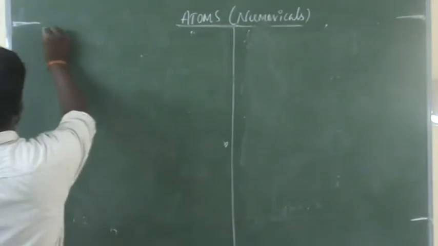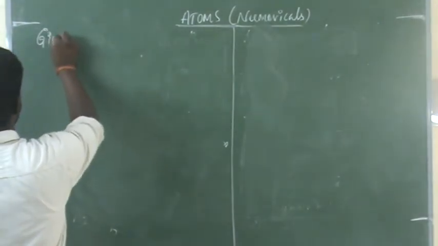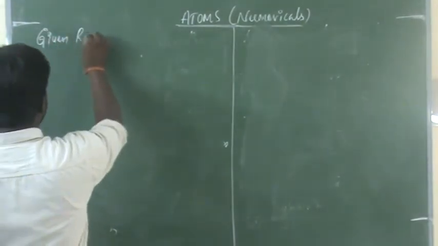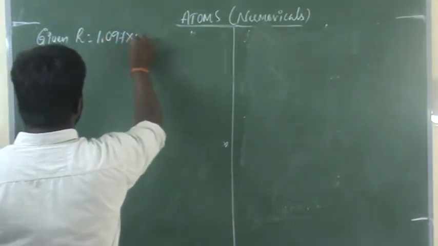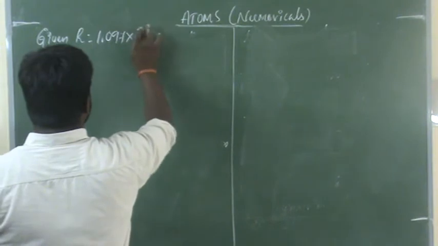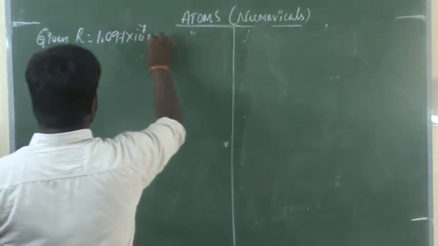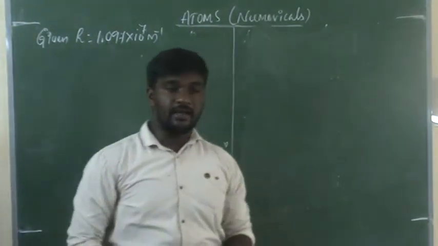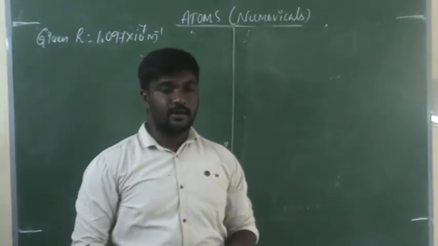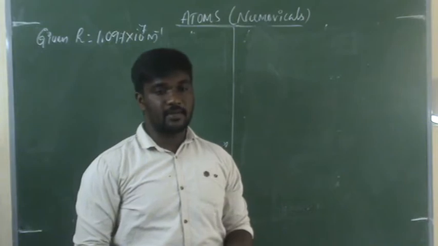Listen, what is given: Rydberg constant is equals to 1.097 into 10 to the power of 7 per meter. We are asked to calculate the shortest and longest wavelength of Lyman series.